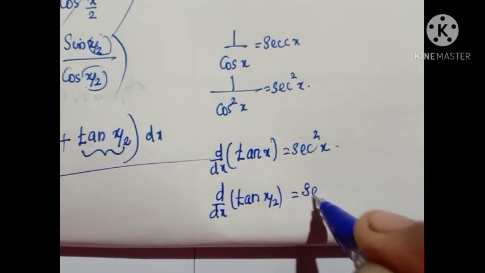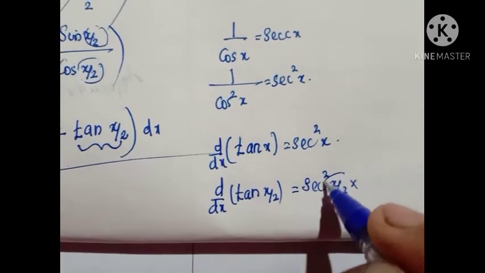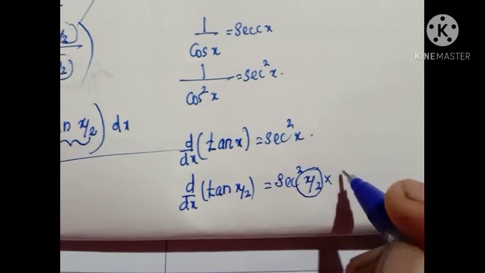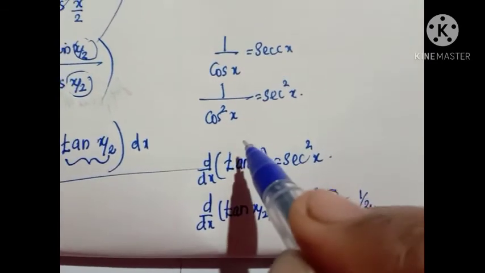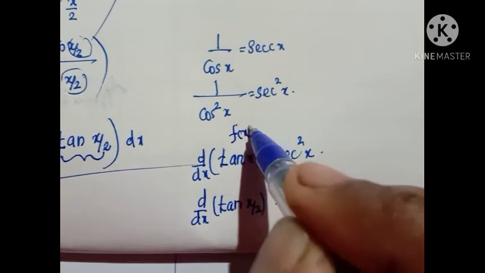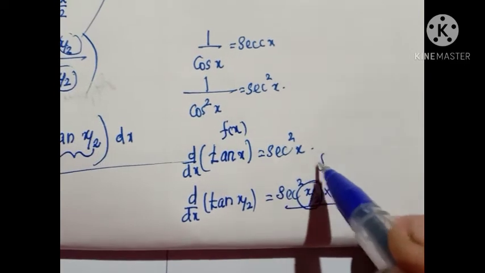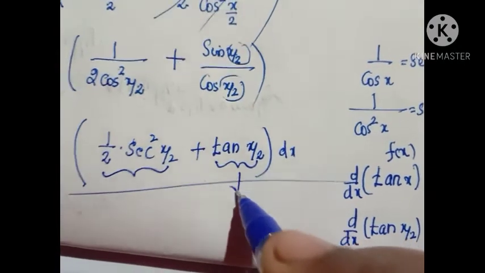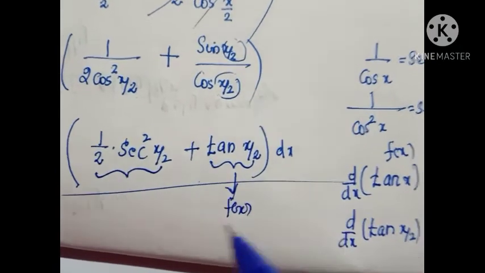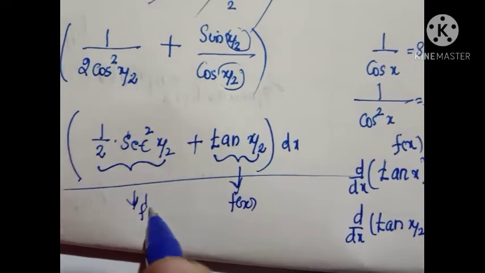It is sec square x by 2 into derivative of x by 2. Derivative of x by 2 is 1 by 2. So, if f of x is tan x by 2, then sec square x by 2 into 1 by 2 is its derivative.